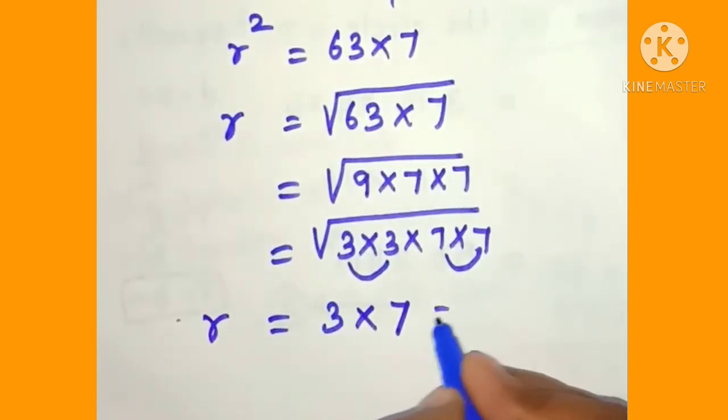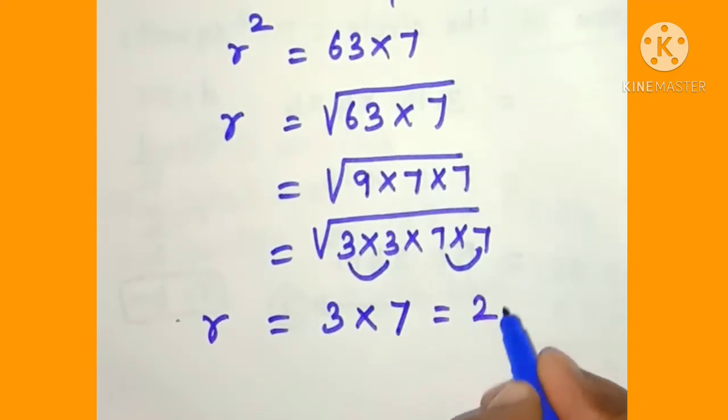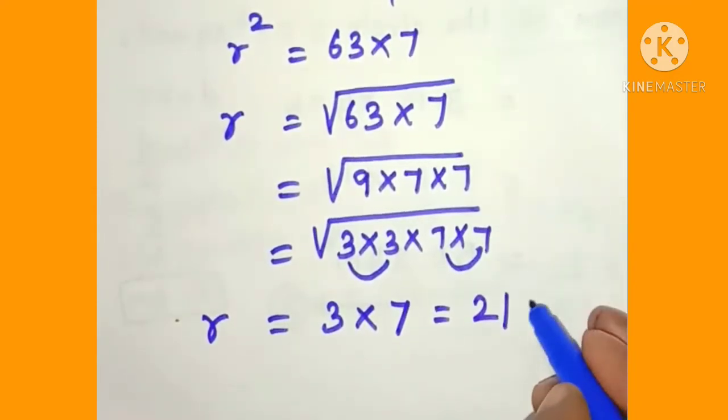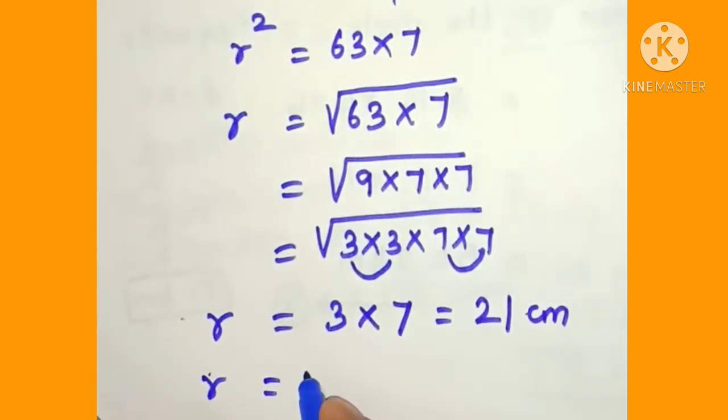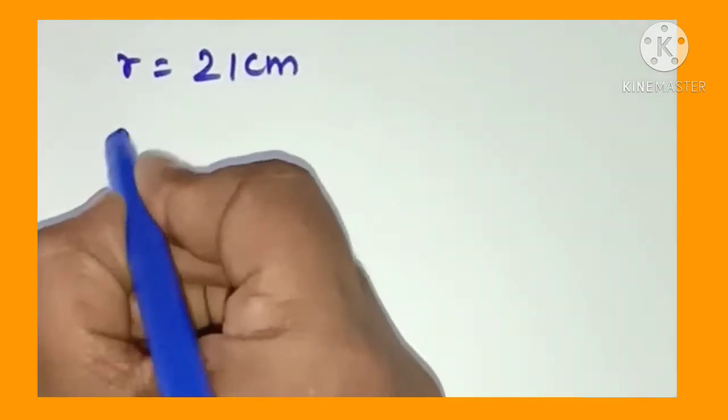Now 7 into 3 is 21 and the unit is centimeter. So r, the radius of the flower garden of circular shape, is 21 centimeter. r is equal to 21 centimeter. So we know how to find the diameter.